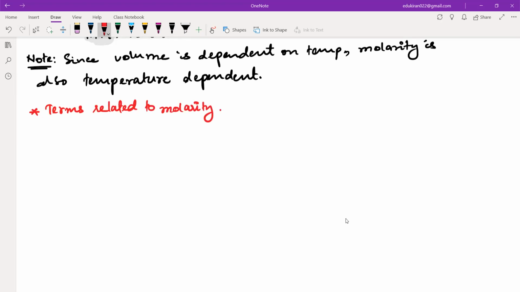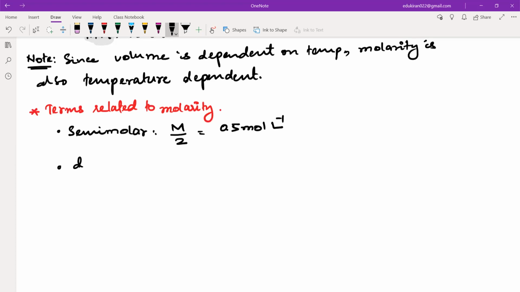There is one term which is known as semi-molar. Semi-molar means M by 2. Semi means half, M by 2, which is the concentration. If a solution is semi-molar, it means it has 0.5 moles in 1 liter.